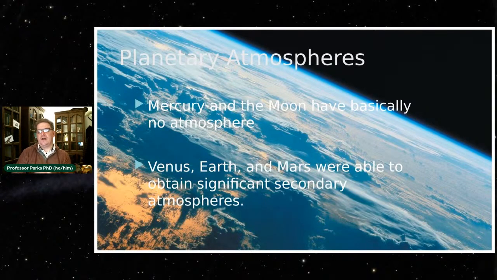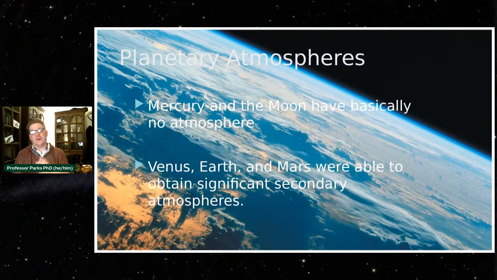At this point, again, as I've mentioned before, Mercury and the Moon basically have no atmosphere. They do technically have atmospheres as I've defined it, but as we'll see, they are very, very tenuous in nature.